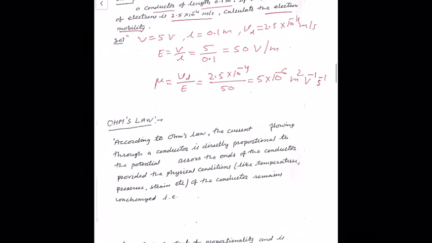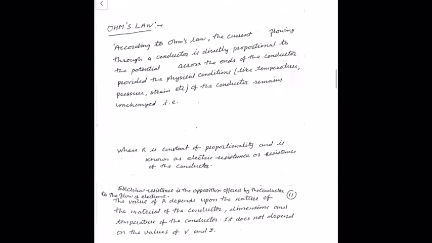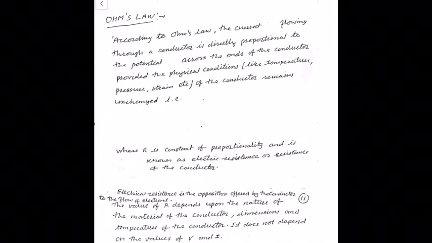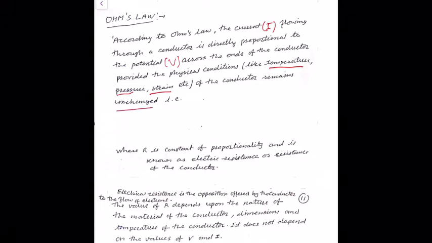Next, Ohm's law. According to Ohm's law, the current I flowing through a conductor is directly proportional to the potential V across the ends of the conductor, provided the physical conditions like temperature, pressure, strain, etc. of the conductor remain unchanged.